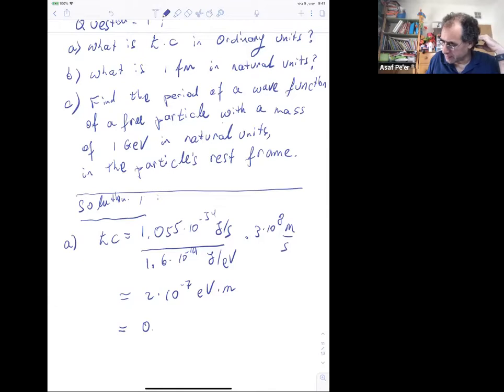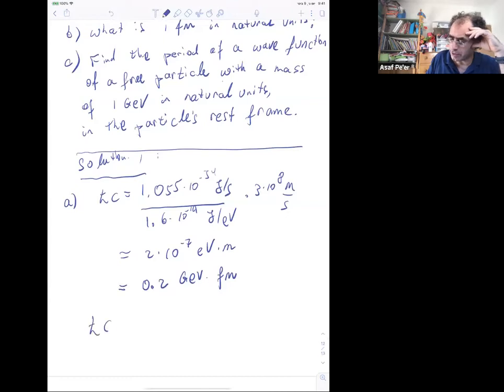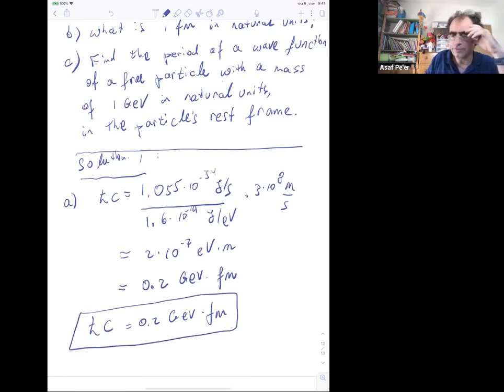So this gives us something like 0.2 GeV times femtometer. That's a very useful relation to convert from natural to ordinary units. It's worth remembering that H bar C is 0.2 GeV times femtometer, very easy to remember.